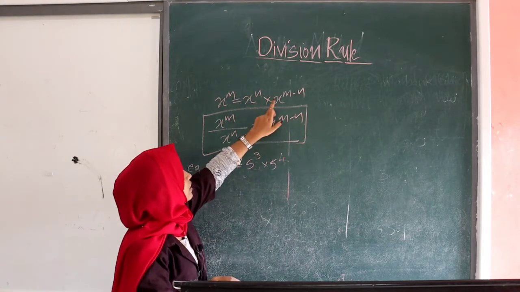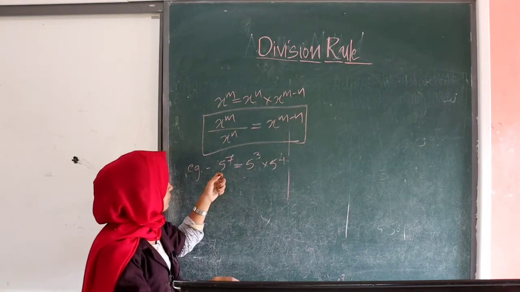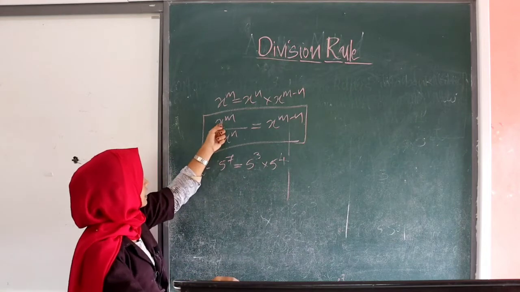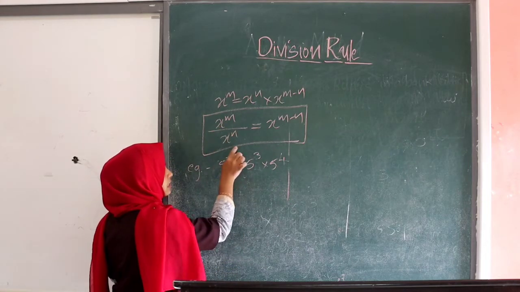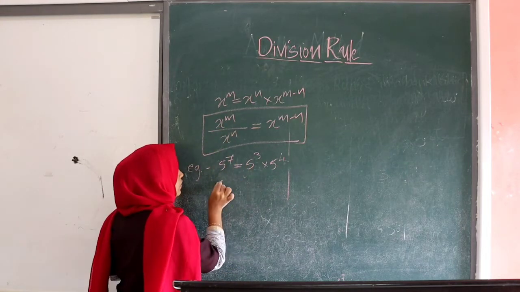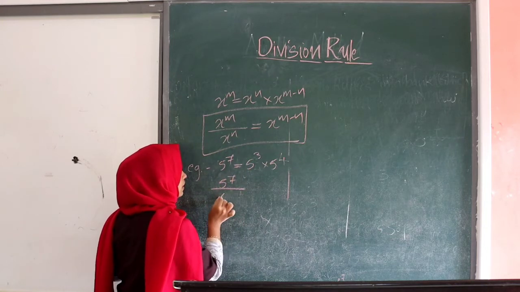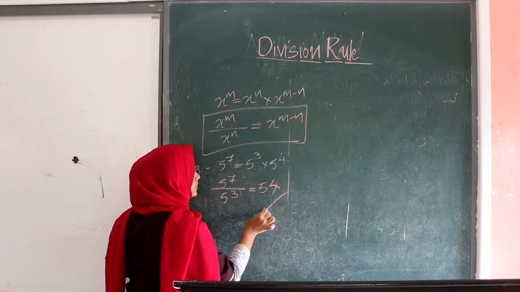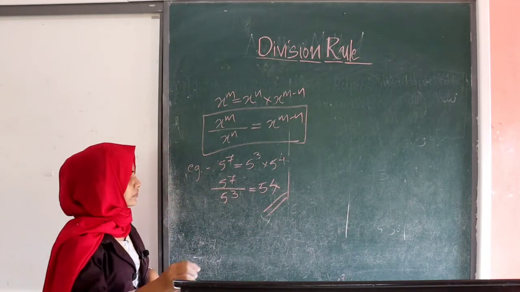That's why we write m minus n. So 5 raised to 7 divided by 5 raised to 3 is equal to 5 raised to 4.